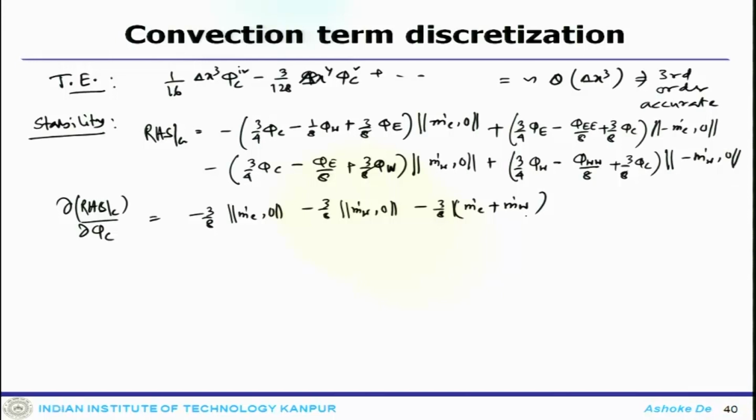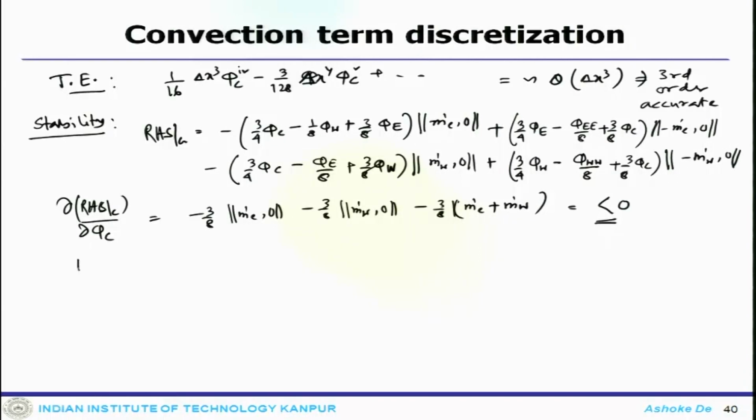This is again less than 0, so it shows that it is a stable scheme. If you have a uniform velocity, this will always be stable.